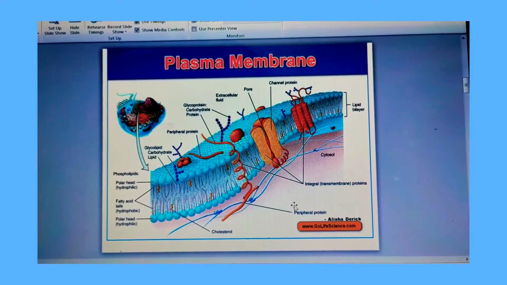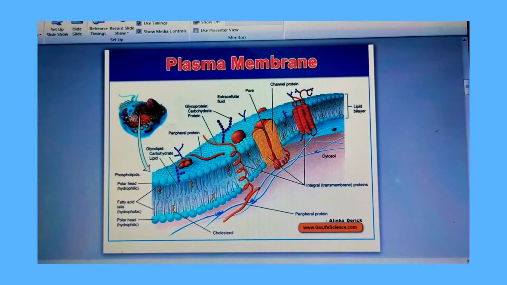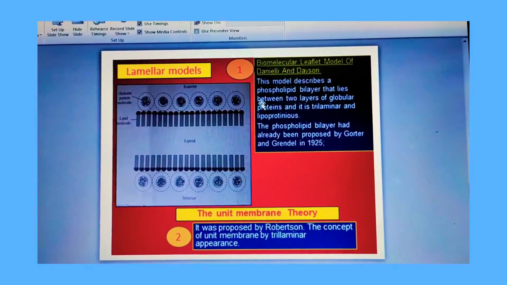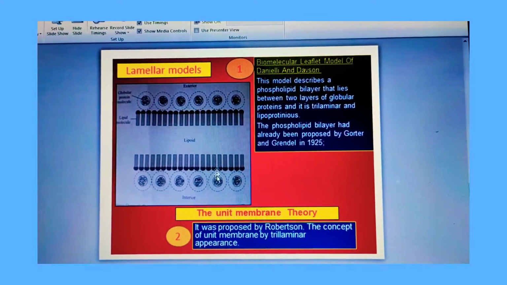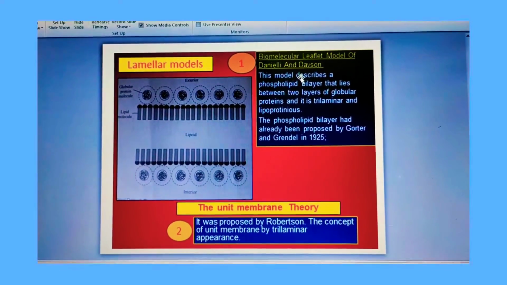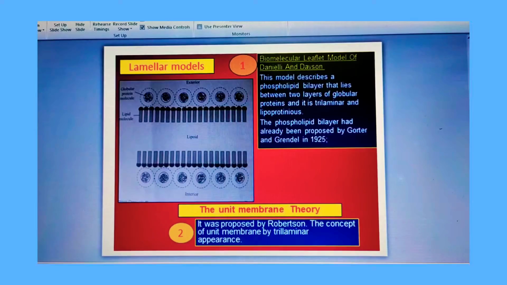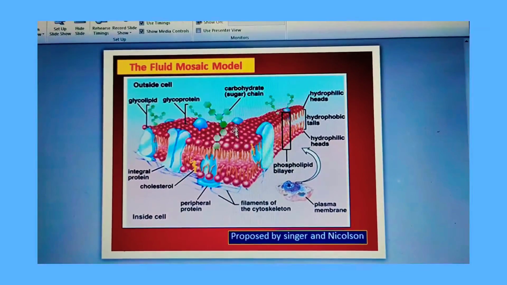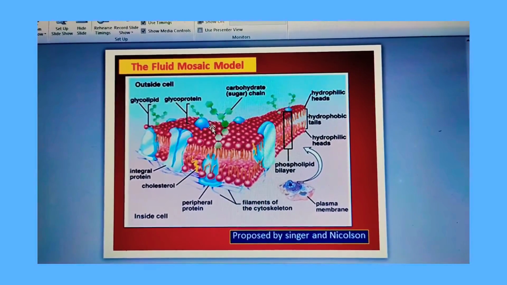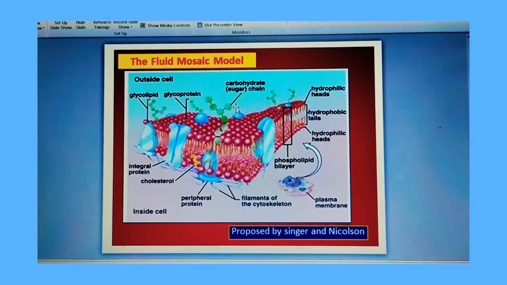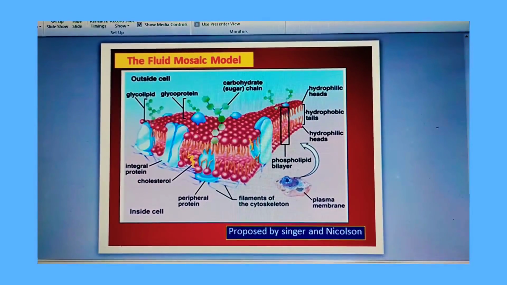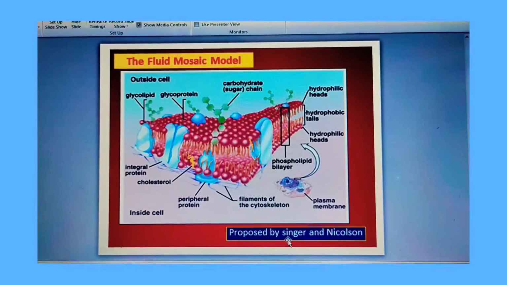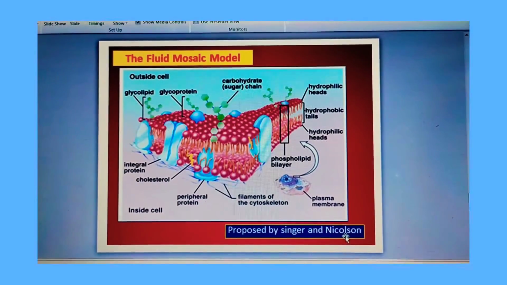The lamellar model of the plasma membrane looks somewhat like this, proposed by Danielli and Davson. And the fluid mosaic model is this, because it is composed of different nutrients, proteins, carbohydrates and lipids. It looks like a fluid, which is why it is called the fluid mosaic model. That was proposed by Singer and Nicolson.